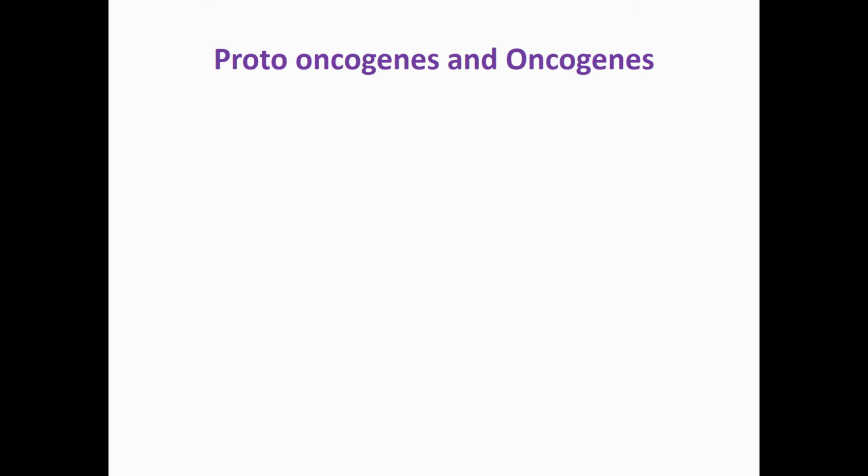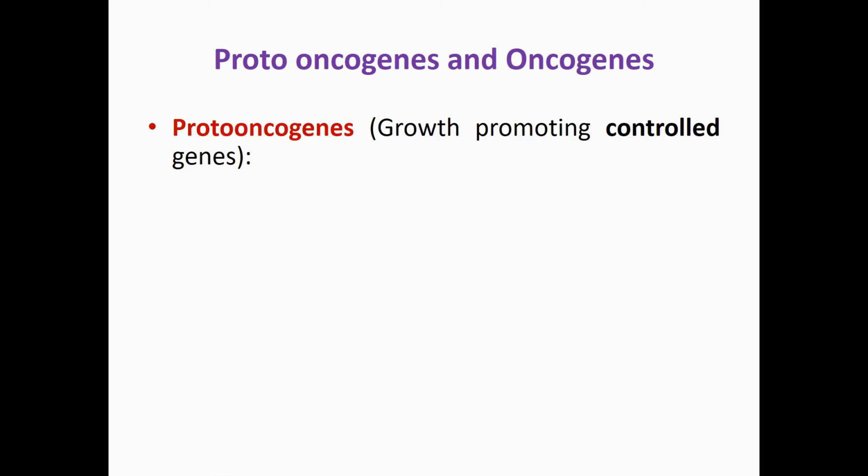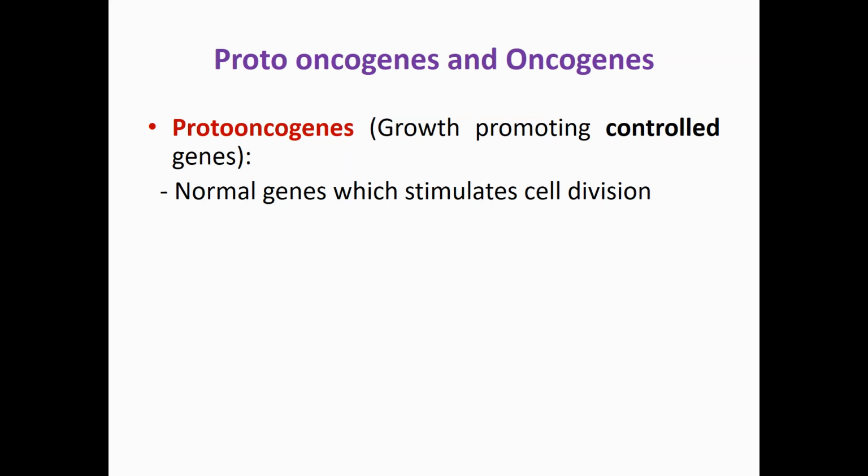Now we discuss our second objective, that is proto-oncogenes and oncogenes. Obviously we have seen what proto-oncogenes are. Proto-oncogenes are growth promoting controlled genes, meaning they are normal genes under control. They are actually normal genes of the normal cell which stimulate cell division.